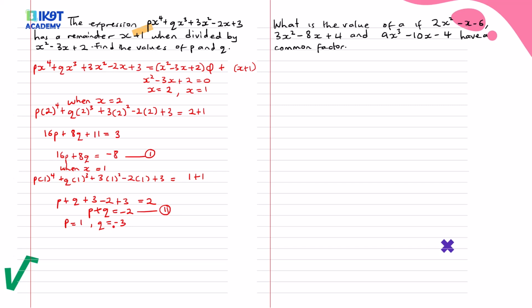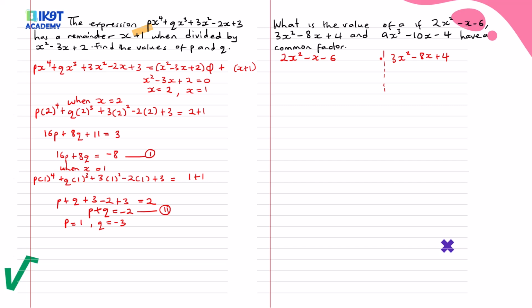Then here we have, what is the value of a if 2x squared minus x minus 6 and this one have a common factor. I think we've done this number before in our chapter on quadratic equations. So what's the trick here? We have 2x squared minus x minus 6, and then we also have 3x squared minus 8x plus 4. Because this one has an unknown, we first solve these two and find their roots.